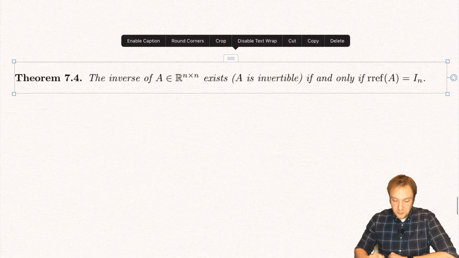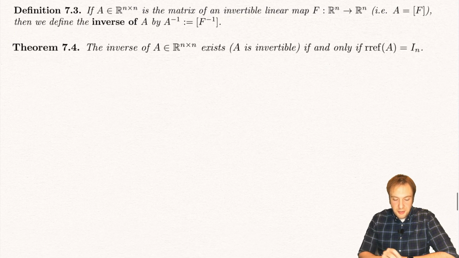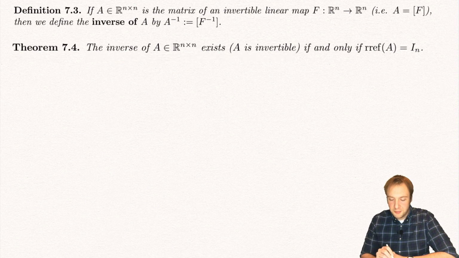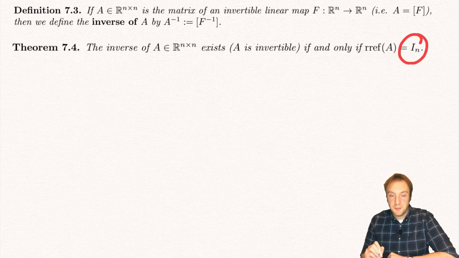And this then just corresponds to the fact that a matrix is invertible, or the inverse of a matrix exists. We also say this is invertible if and only if the row-reduced echelon form of this matrix is the identity matrix.